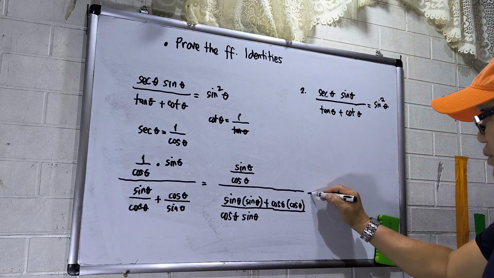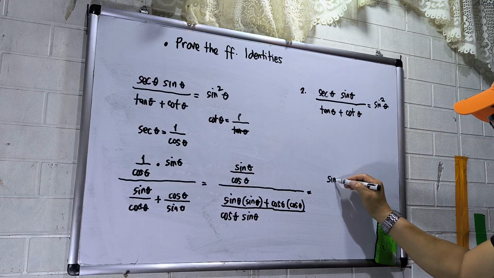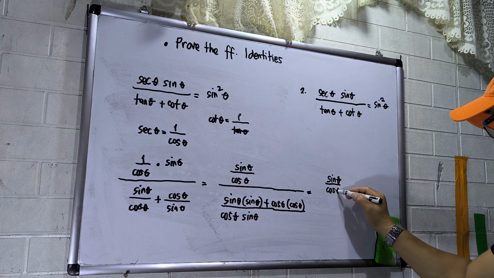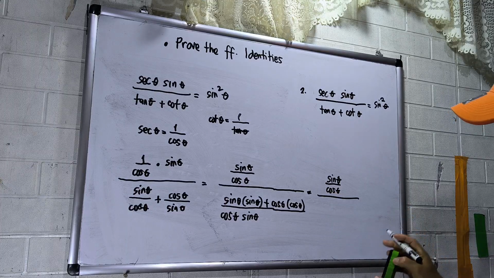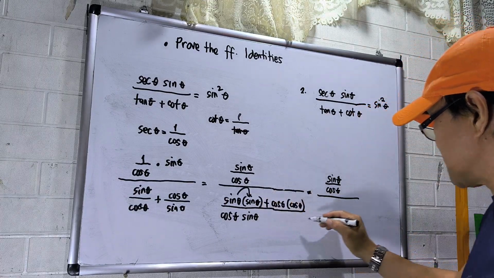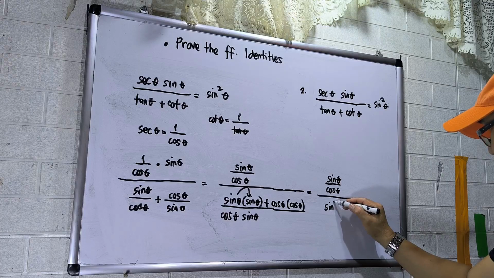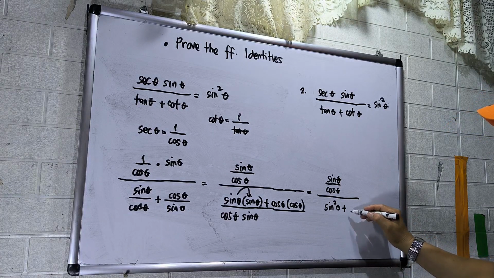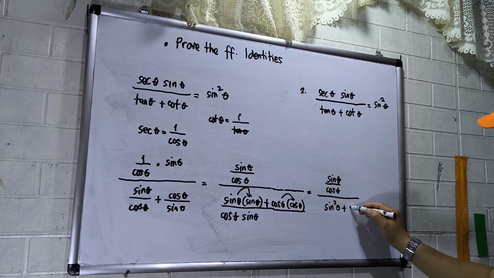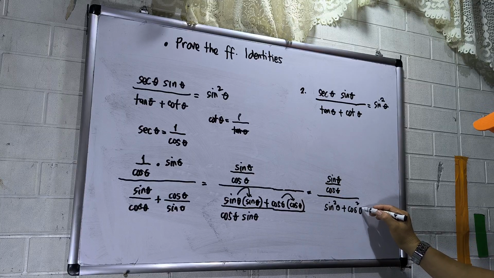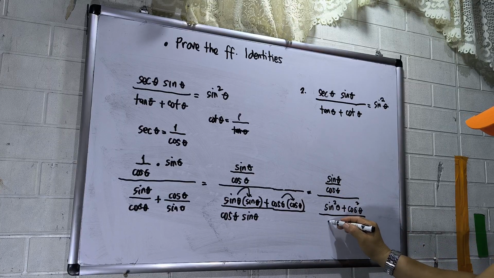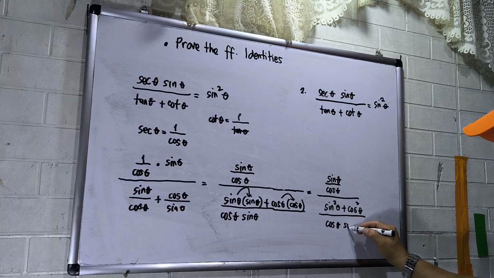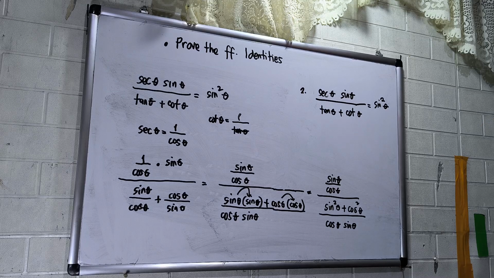So multiply: this will be sine squared theta plus cosine squared theta over cosine theta sine theta.